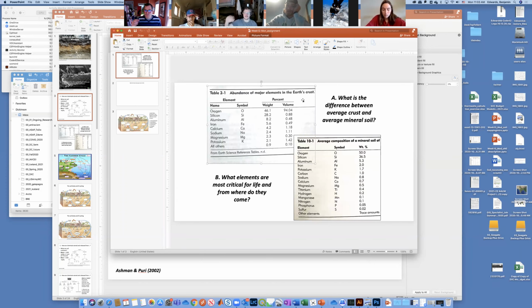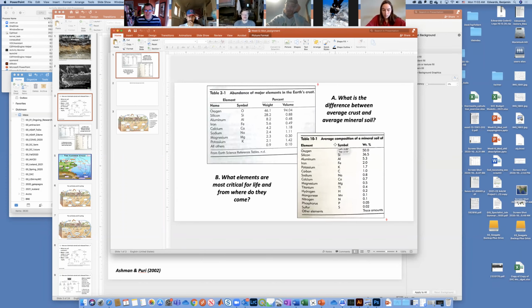On the other hand, this is from chapter 10. These are both from the Franzmeier book. And this is the average composition of a mineral soil. And so what I want you to think about is what is the difference between the average crust and the average soil?